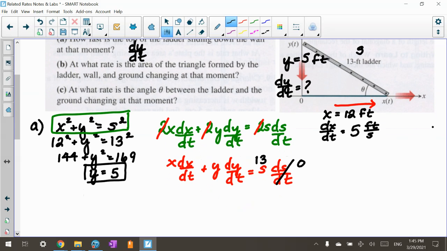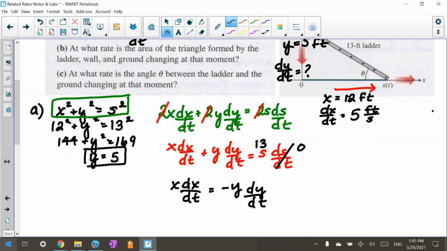So by doing this, you can actually come up with x dx/dt equals negative y dy/dt. I just moved it over to the other side. Now we're going to solve for dy/dt. You could actually divide both sides by negative y, but it doesn't matter once we put all our numbers in there. So we have dx/dt, and I'm not going to put units in right now, is going to be 5 feet per second, and it's positive.